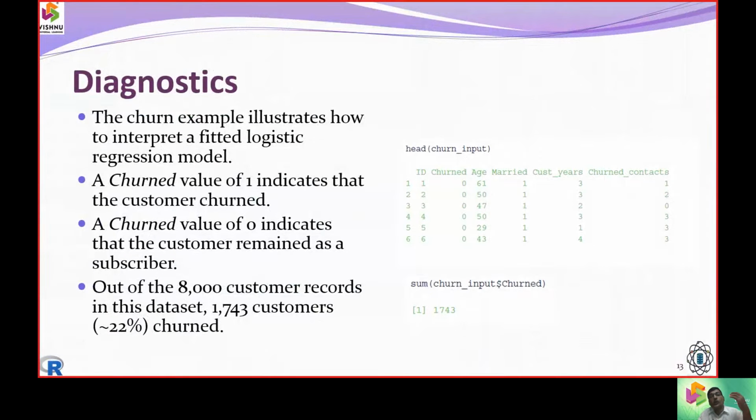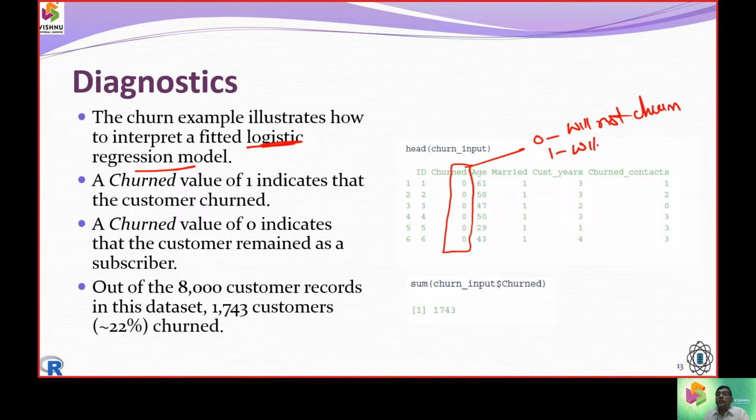Now let us see another example here. In this example, we will fit a logistic regression to the example called churn input. What this churn input is going to tell us is: 0 will not churn, 1 will churn.